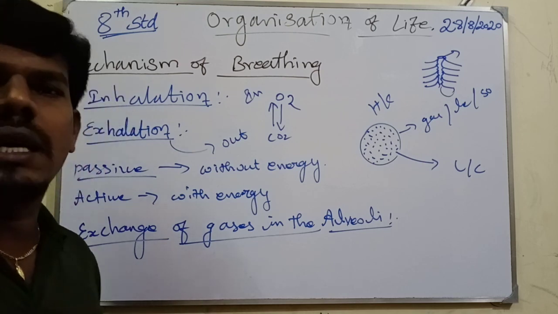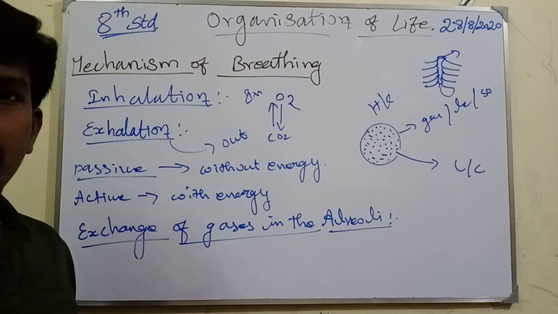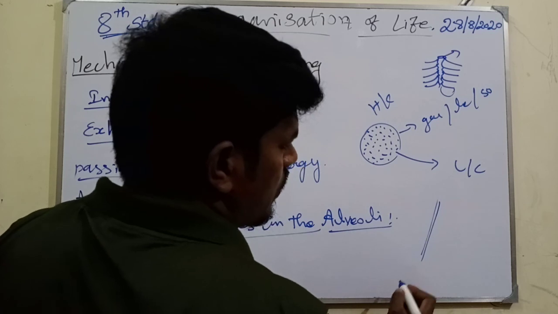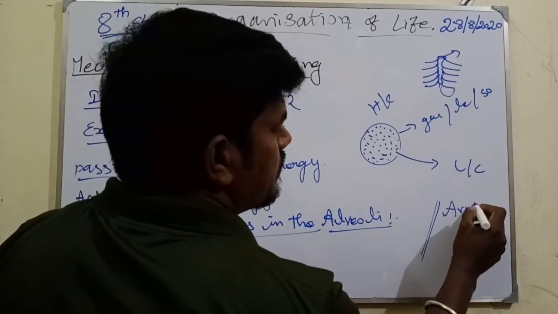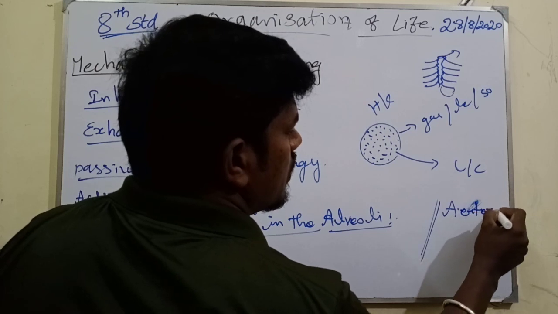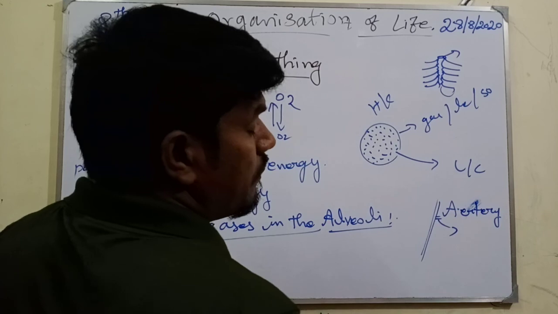Blood vessels means what? The carrying tubes. Which tubes carry blood? That's called blood vessels. The tube-like structures are arteries, which you already studied, then the small ones, and then veins.